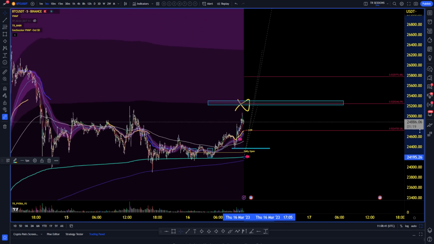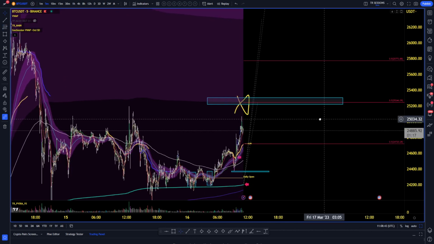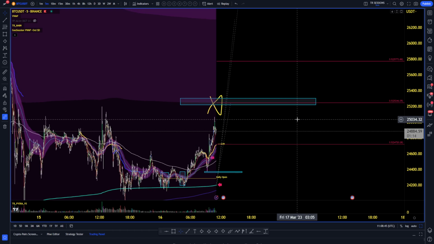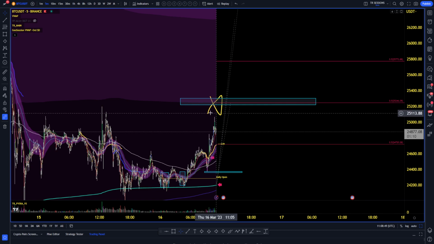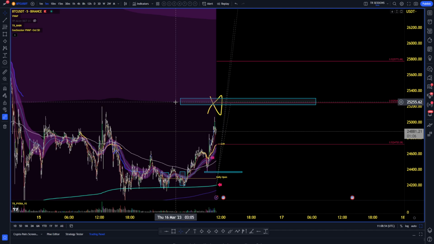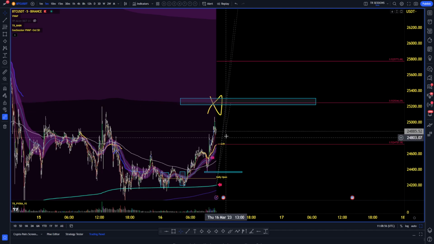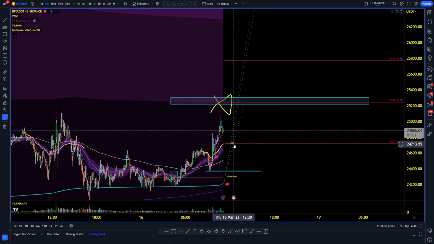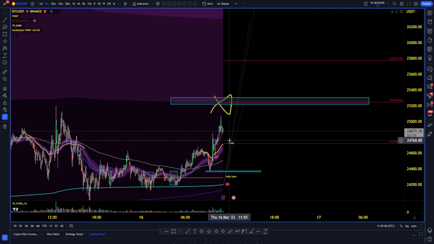Now we have 3 particular zones that we can trade from or towards. The logic would assume that if Bitcoin comes down towards this midpoint between standard deviation zone 1 and the VWAP itself, and it can hold this point, I would naturally assume that the momentum is going to continue and work its way up.